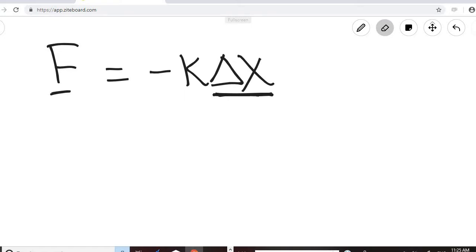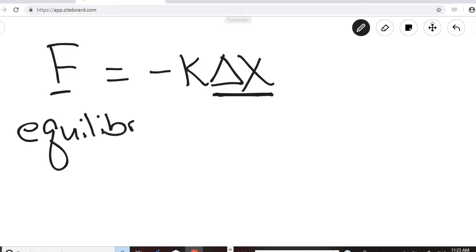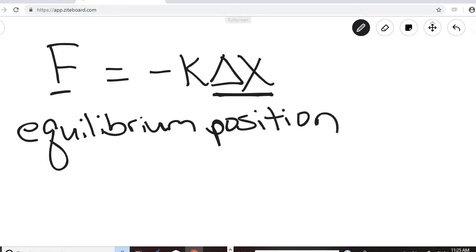By supplying a force in the opposite direction. The optimal length we call the equilibrium position. This is the length or the position of an object when there's no force acting on it.